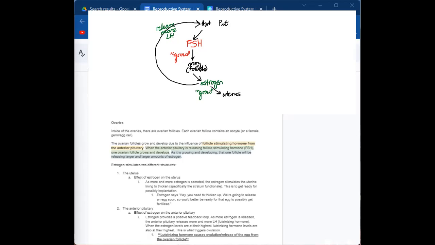Basically, the more and more estrogen that's released, the more and more that's going to tell the anterior pituitary to release LH. Then the LH, when that's released, is going to go to the ovary and tell the ovarian follicle to pop and release the egg.